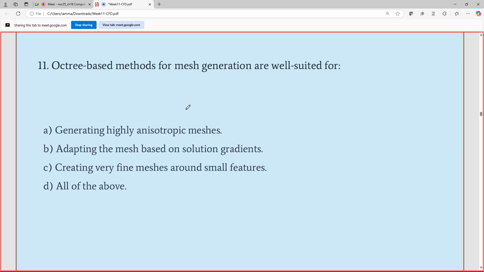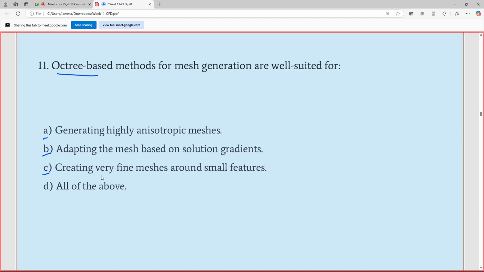Next question is: octree-based methods for mesh generation are well suited for which among the following? Options are option A, generating highly anisotropic meshes. Option B, adapting the mesh based on solution gradients.